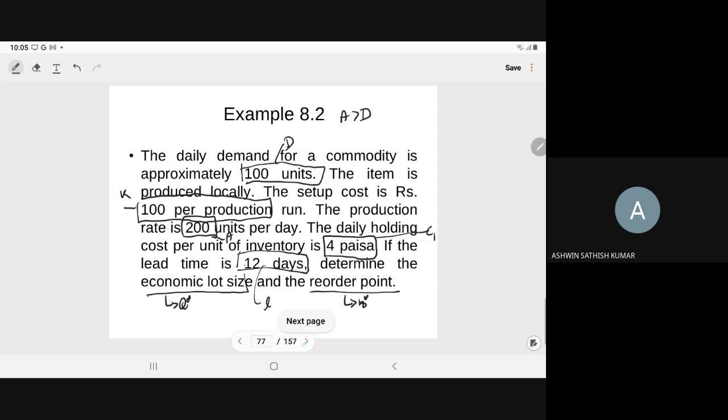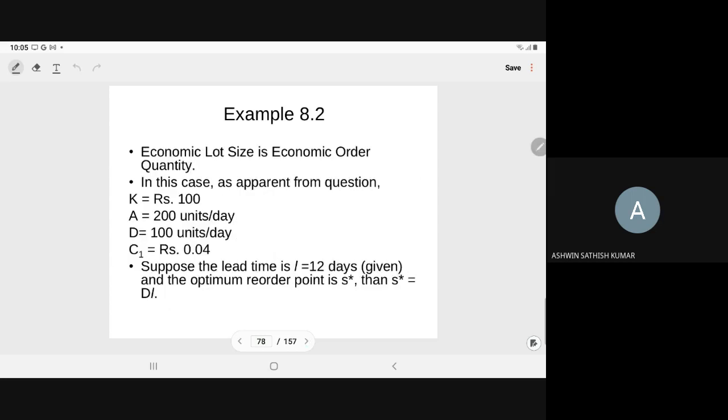So in this case, first we see A is constant, D is constant with A greater than D, so it is of model 1. From model 1, economic lot size is nothing but the economic order quantity. In this case, what are the given parameters? K is equal to 100, A is equal to 200, D is equal to 100, C1 is equal to 0.04.